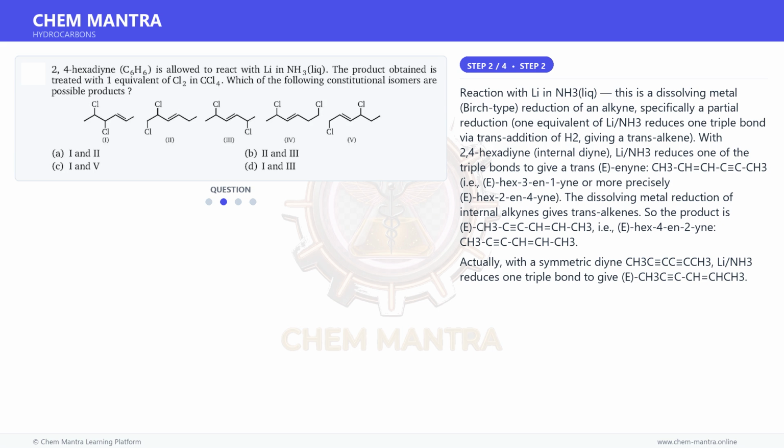The dissolving metal reduction of internal alkynes gives trans alkenes.